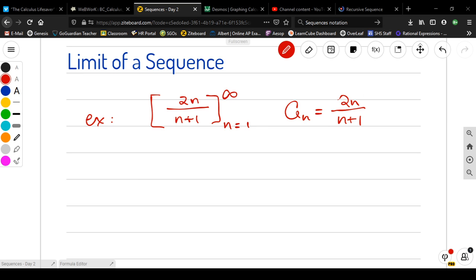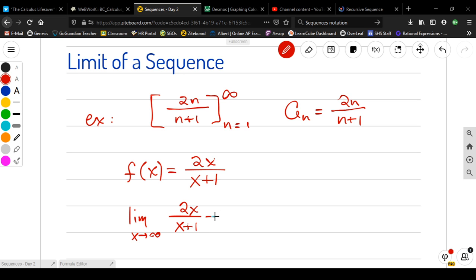But we will say, look, this sequence is a lot like the function f of x equals 2x over x plus 1. And for this function, we know the limit as x goes to infinity of 2x over x plus 1 is going to tend towards 2.